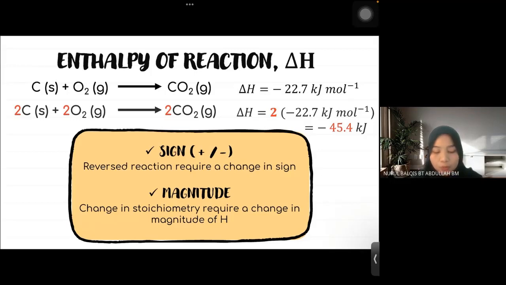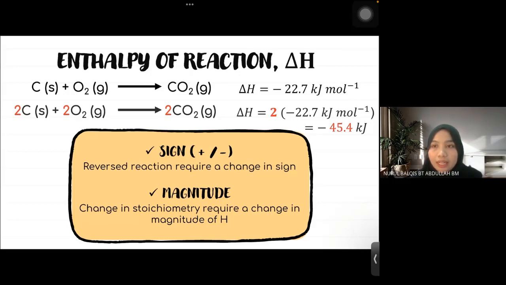Same goes O2, same goes to CO2. What will happen? The change in stoichiometry require a change in magnitude of H. Awak ubah stoichiometry awak, same goes to your delta H dah sekarang. Tak boleh lagi biar sama 22.7. Bila darab 2, delta H pun kena darab 2. Itu faham?